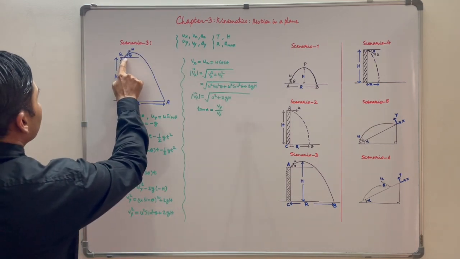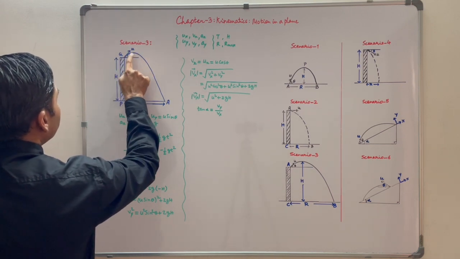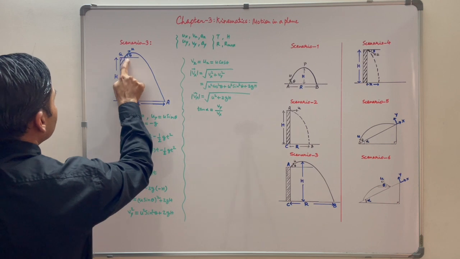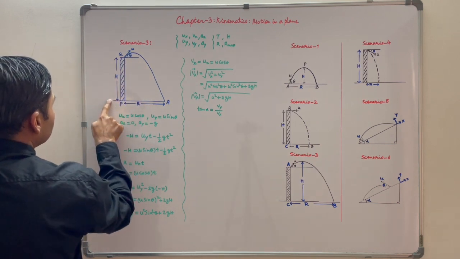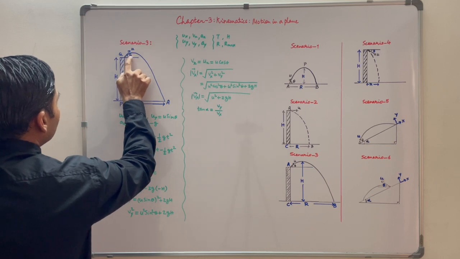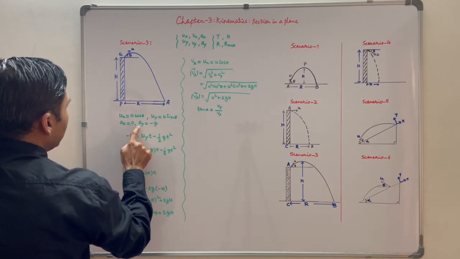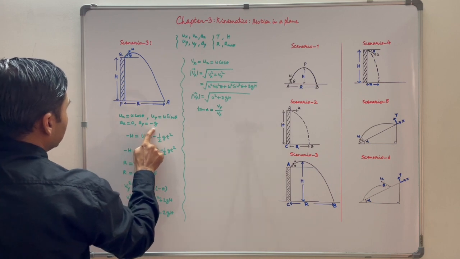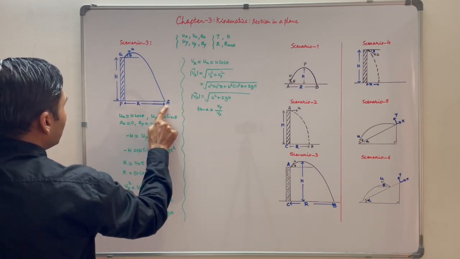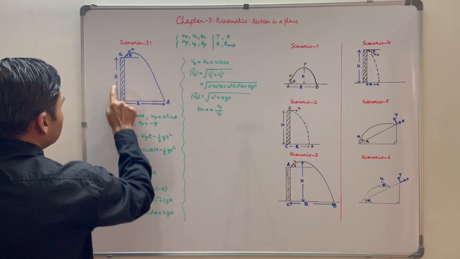Third scenario, a particle is projected upwards with initial velocity u making an angle theta with the horizontal from a tower of height h. Ux equal to u cos theta and uy is equal to u sin theta. Ax equal to 0, ay is equal to minus g. When the particle hits the ground, its vertical displacement is minus h as it is coming down.